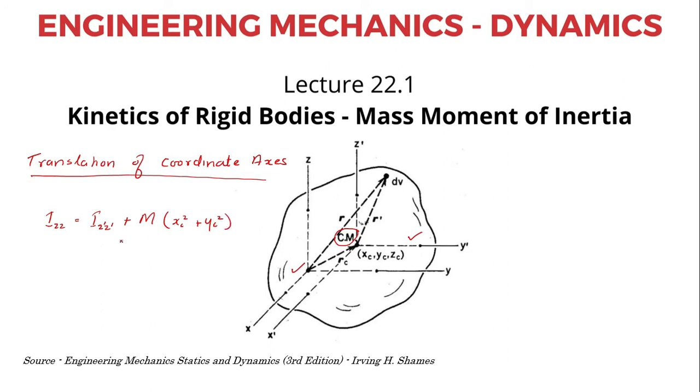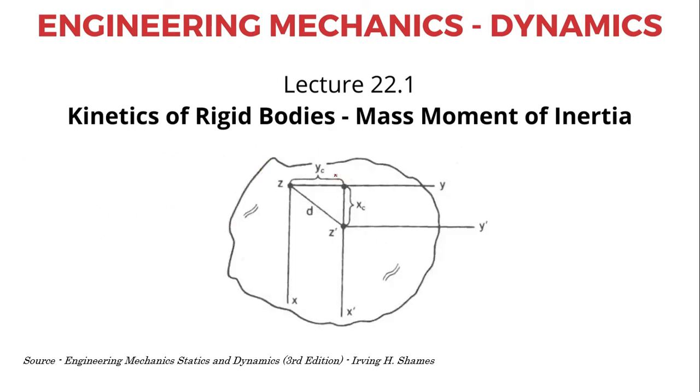Now suppose the perpendicular distance between the z axis and the z' axis is d. Suppose I am viewing this figure from the top. Then this figure will look like this approximately. You have the xy axes and the x'y' axes, and the z axis as well as the z' axis is perpendicular to the screen.